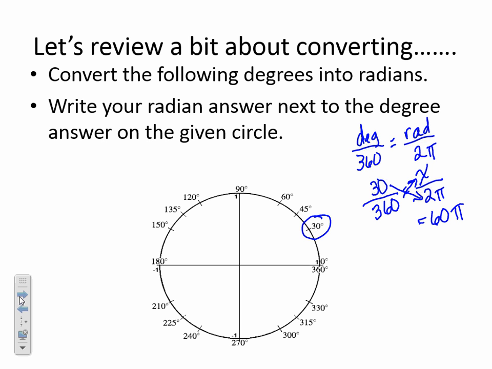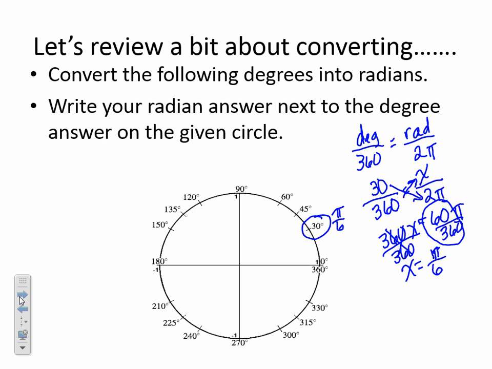And then 360 times x is 360x. And if we divide by 360 to get the x alone, this should all be review for you. X equals, now we'll reduce that fraction, 60 divided by 360, it's 1/6, so 1 pi over 6. Okay, so 1 pi over 6 is what we would get for that 30 degrees.